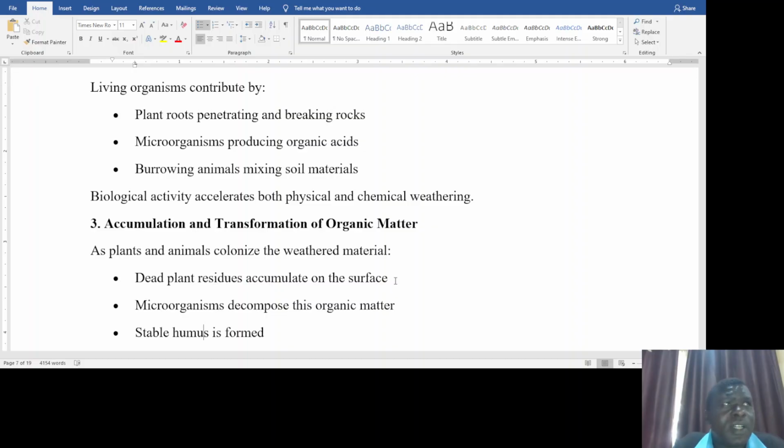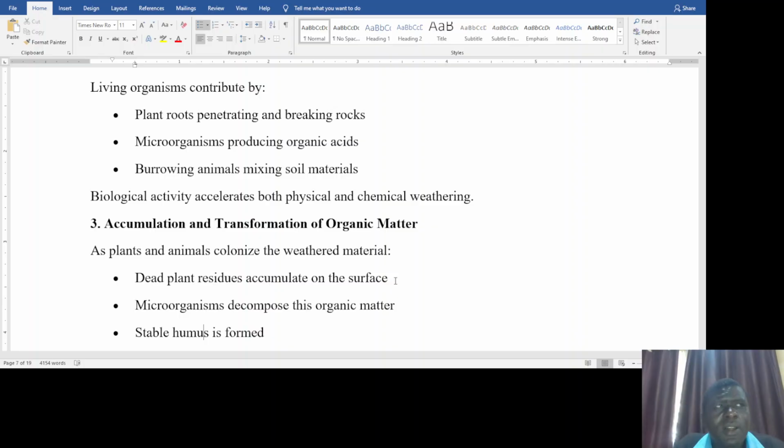We have other human activities, like crops, which after harvesting leave the remnants of the crop harvest on the soil, and they are plowed back. Then we have microorganisms acting on such organic matter left on the surface or in the soil.